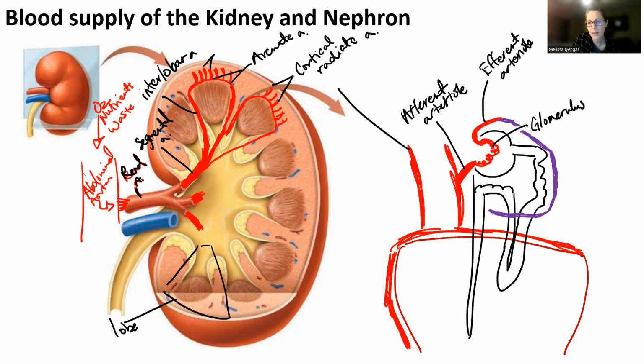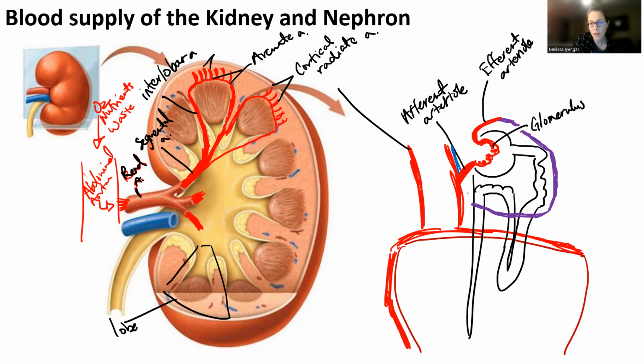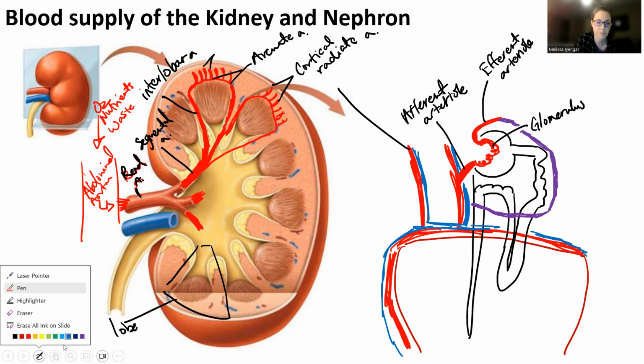And when it does, it's eventually going to drain into, it can actually drain into a couple places, but to make our lives easier, I'm just going to say that it drains into one place, and that is the cortical radiate vein. Okay, so then you're just going to kind of create your vein coming all the way back down. Because remember, veins and arteries parallel one another, all right?